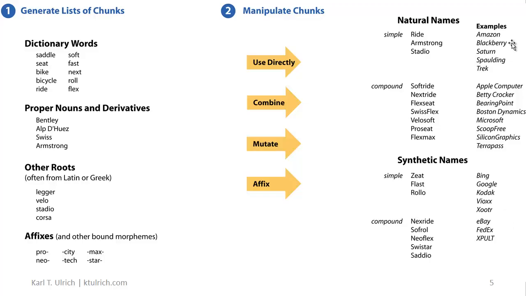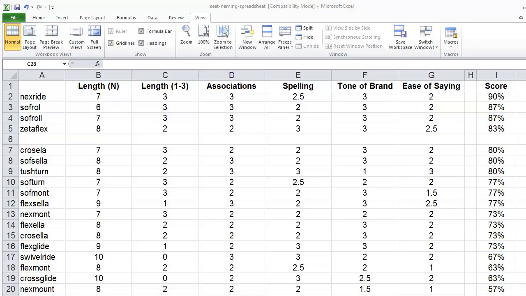Once you've generated those names, then I recommend that you go and work with a spreadsheet, just as we did in concept selection, to apply some screening based on the elements of problem definition that you've established. I'm showing you here the actual spreadsheet that I used to evaluate the names that I had identified.